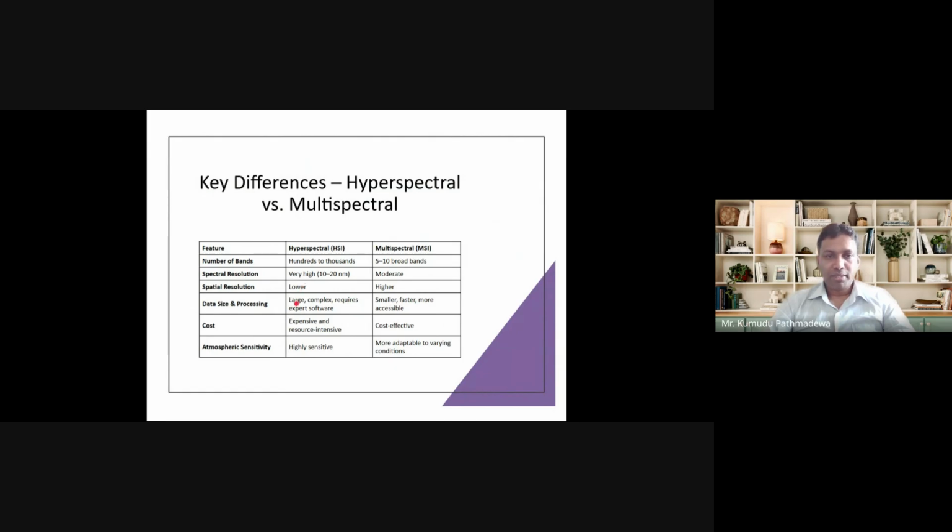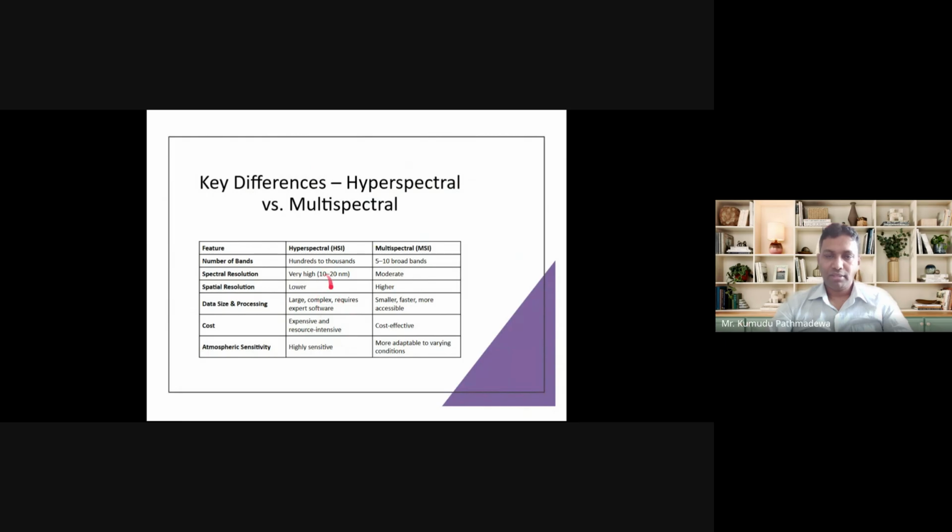Hyperspectral provides detailed material identification, but requires complex processing and large storage. This one is good for mineral identification, but there is a payoff. We have to bear that we need large storage capacity and also more computing power for the complex processing.